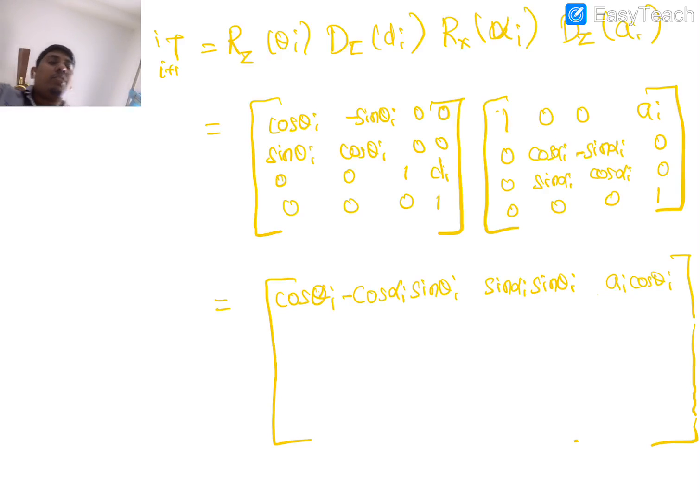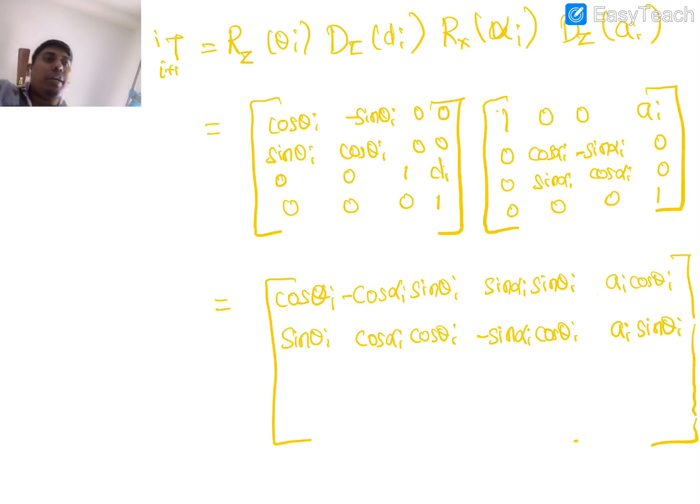Okay, so now similarly you go, the second row first column would be sin theta i, and the second row second column would be cos alpha i cos theta i, and second row third column would be minus sin alpha i cos theta i, and the fourth one would be a i sin theta i, right?